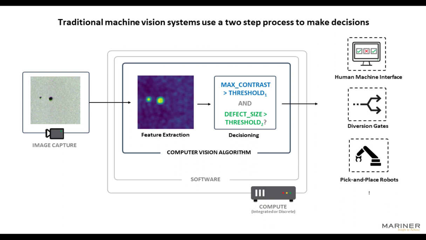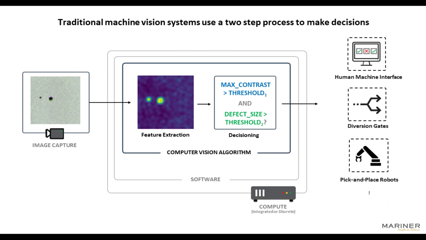You can imagine that contrast alone is generally not enough to make a decision. So features like contrast are combined with other features. Another common one would be defect size. Can I measure the size of that potential defect and use that to make a decision? That's feature extraction, step one in traditional computer vision pipelines. Step two is always some kind of decisioning step.